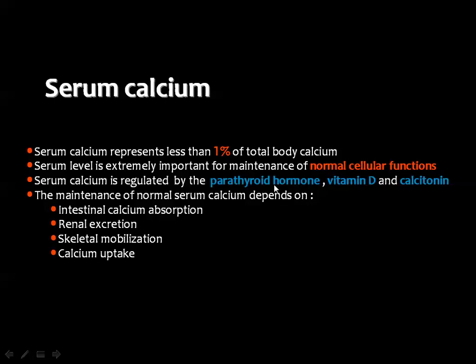Number one, the parathyroid hormone, the vitamin D, and the calcitonin. The maintenance of the normal serum calcium is dependent on the intestinal calcium absorption, renal excretion of calcium and others, skeletal mobilization, and the calcium uptake.